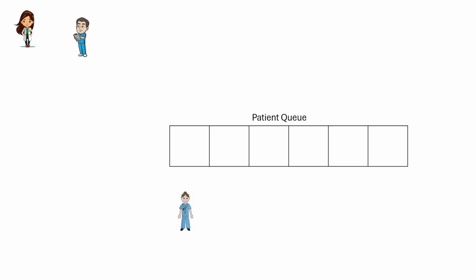Let's look at this in another real world example. You're in the emergency room and we have a patient queue. Right now there's nobody in the queue. We have our admissions nurse and we have some doctors who are currently discussing the needs of a particular patient. And along comes Bill. Bill has got a cold.